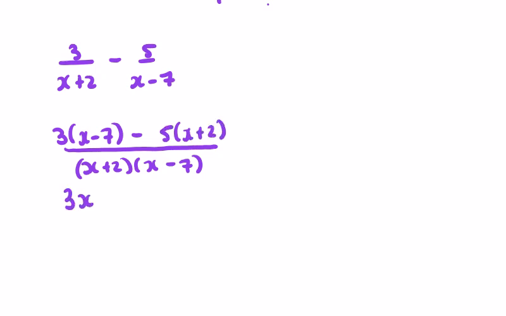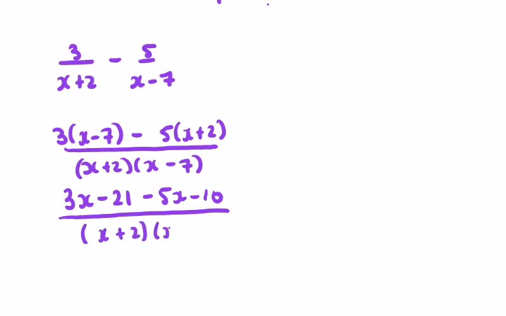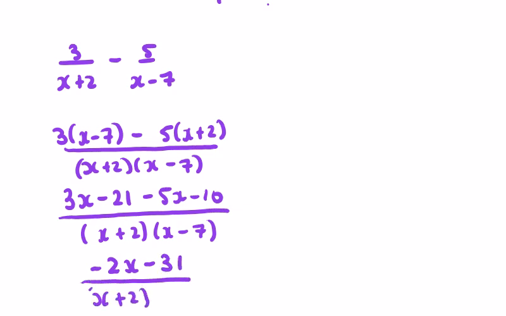So back to removing brackets, 3x minus 21 minus 5x minus 10. We don't have to simplify the bottom. x plus 2 by x minus 7. So these ones are actually a little bit easier, not as much work. 3x minus 5x is minus 2x. And minus 21 minus 10 is minus 31. And it's over the bottom, x plus 2 by x minus 7.